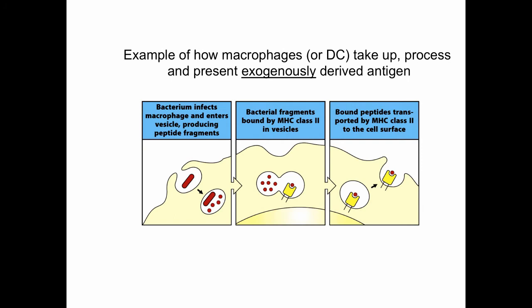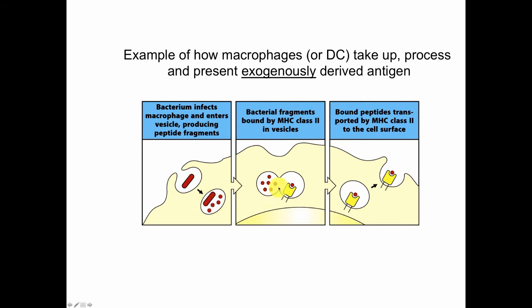Another class of MHC molecules are MHC class 2 molecules. And remember, MHC class 2 molecules are expressed almost exclusively by professional antigen-presenting cells. MHC class 2 molecules present peptides that come from proteins from outside of the cell. In this case, you have a cell with phagocytic activity that is internalizing an exogenous antigen, which looks like a bacteria, and then degrading proteins associated with that bacteria into peptides.